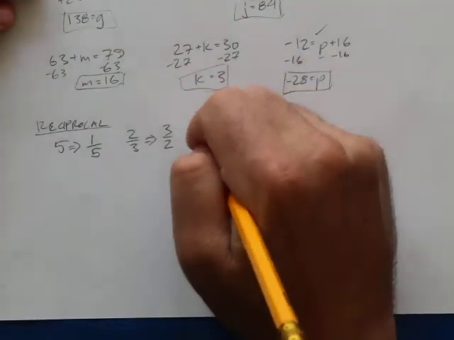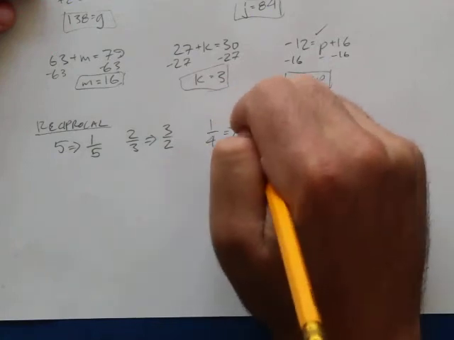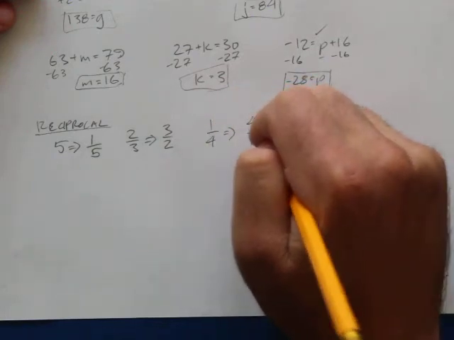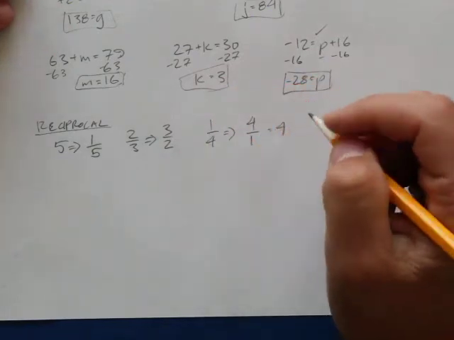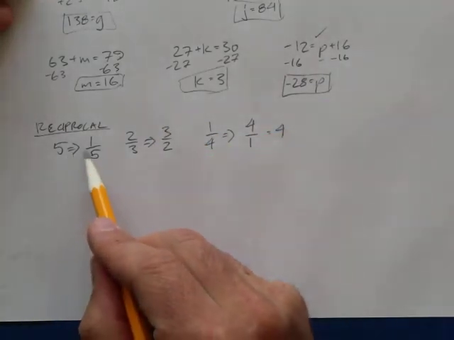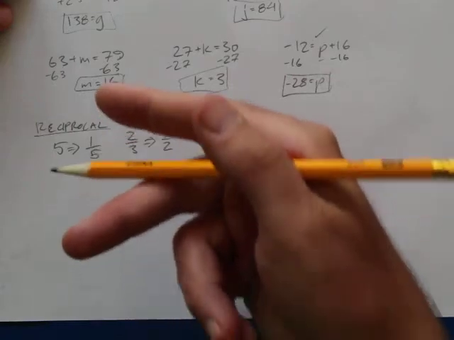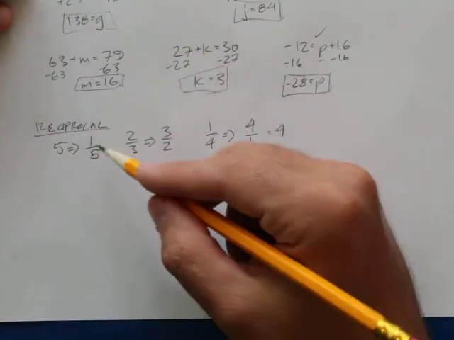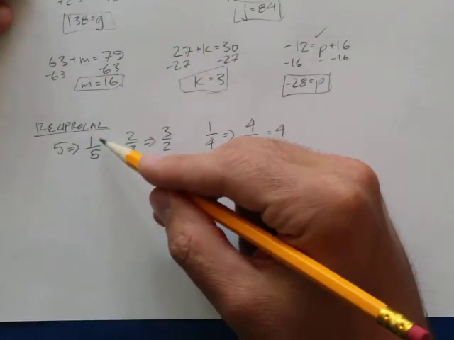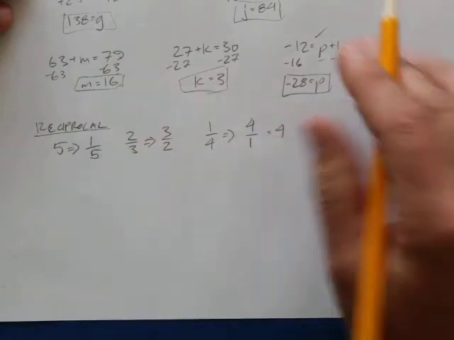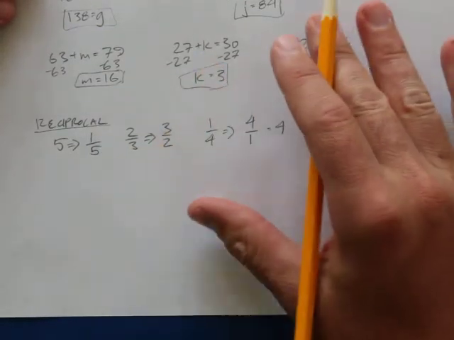The reciprocal of 1/4 is 4/1, which is 4. So you can see a reciprocal is the fraction or the number flipped. The numerator goes to the denominator and the denominator goes to the numerator. That's what a reciprocal is.